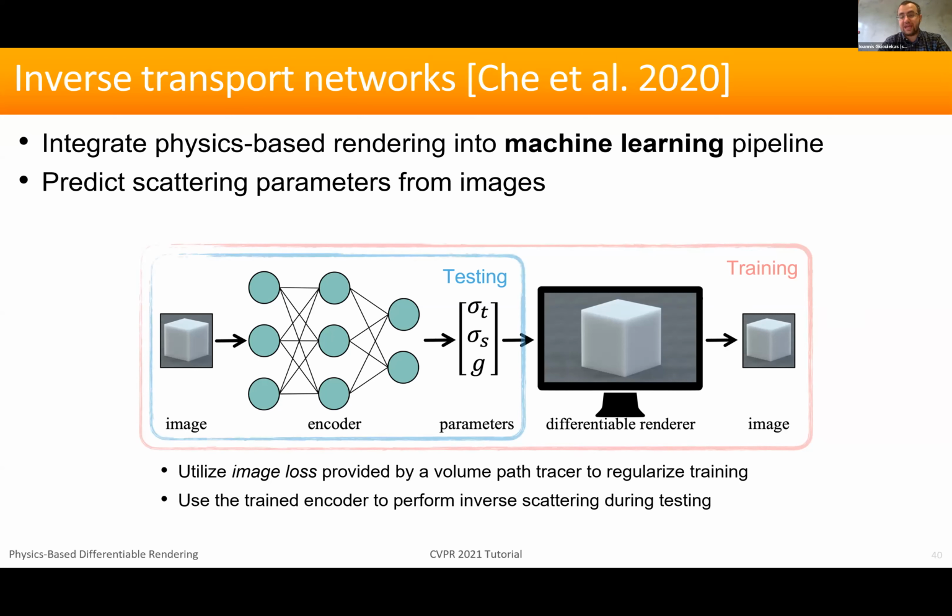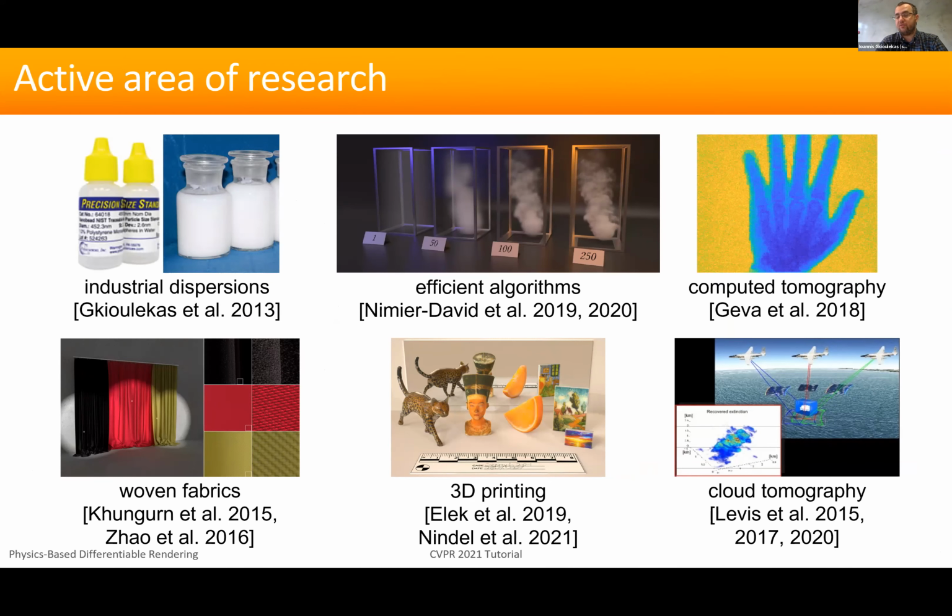And because scattering is, as I said earlier, a great application where we need differentiable rendering that takes into account global illumination. A second application is a kind of behavior that shows up in a lot of different applications: material fabrication, remote sensing, medical imaging, fabrics, industrial dispersion, and so on.